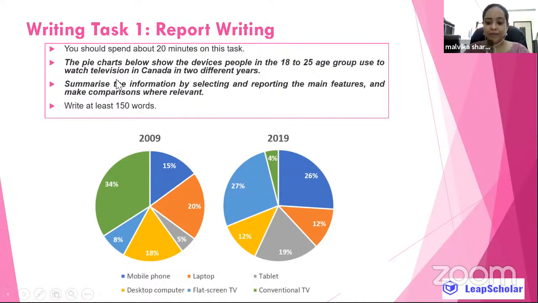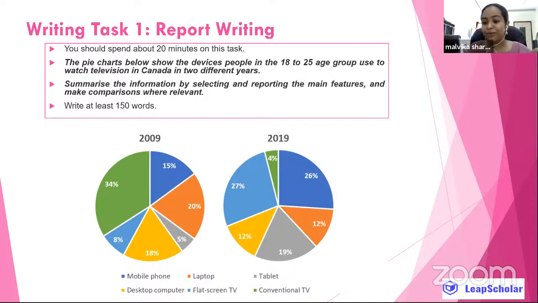And then the question says, summarize the information by selecting and reporting the main features and make comparisons where relevant. Guys, understand something. This sentence is important because it talks about reporting the main features. What do you mean by reporting main features? There is so much going on with this entire pie chart, right?